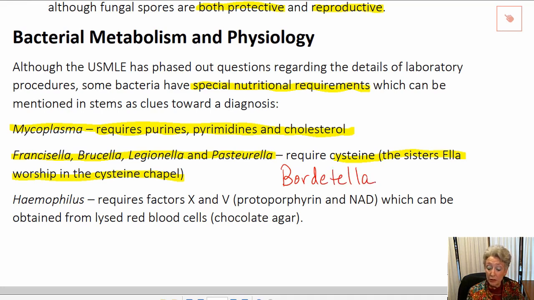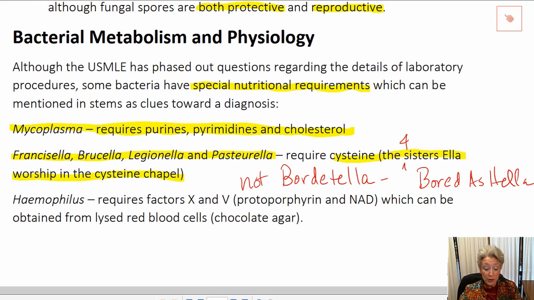And maybe the way to do that is to think of the four sisters Ella worshiping in the Sistine Chapel, but not Bordetella, because she is bored as Hella, and therefore she has fallen asleep somewhere else in the convent and is not where she's supposed to be.